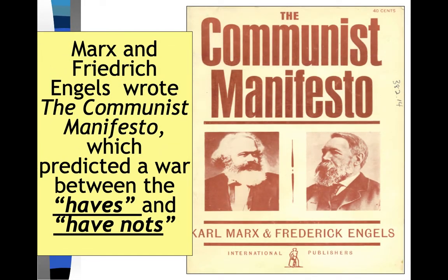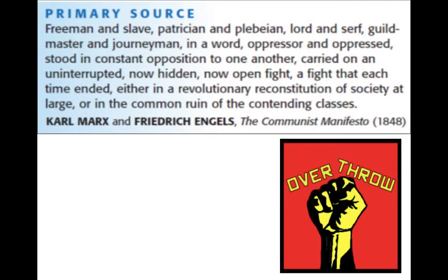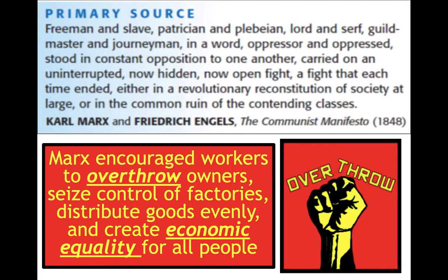Communism predicts a war between the haves and the have-nots. So just who has it and who doesn't. Marx encouraged workers to overthrow owners and seize control of factories, with everything distributed evenly, and basically economic equality for all. And we're done.